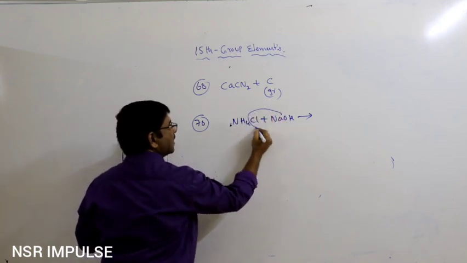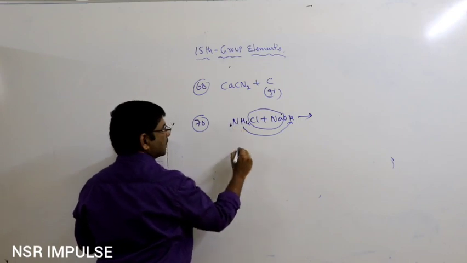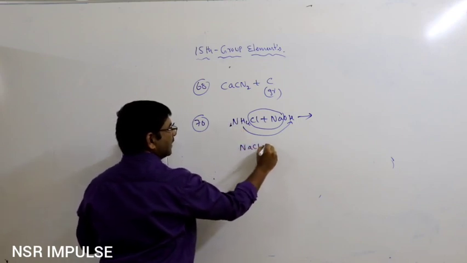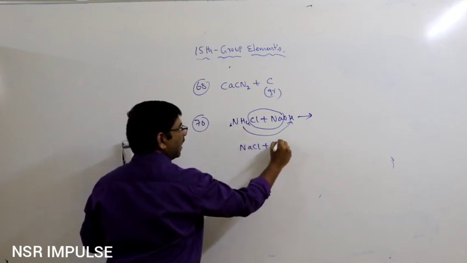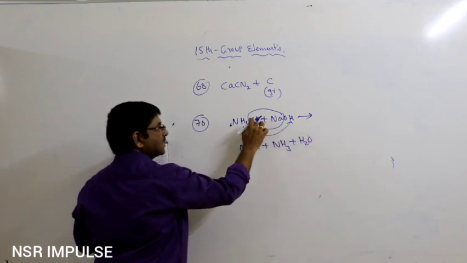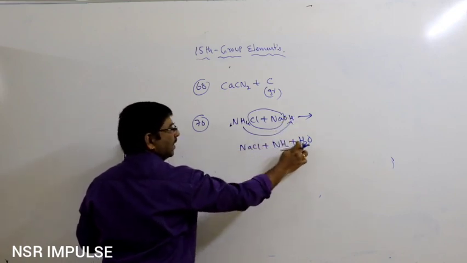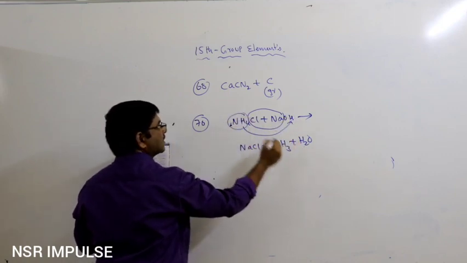You know, NaCl is possible, and H with OH gives water. So it forms NaCl, ammonia and also water. Check it: NaCl, one hydrogen with OH is called water, and the remaining part is ammonia.